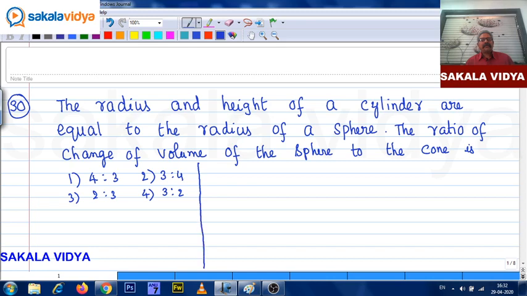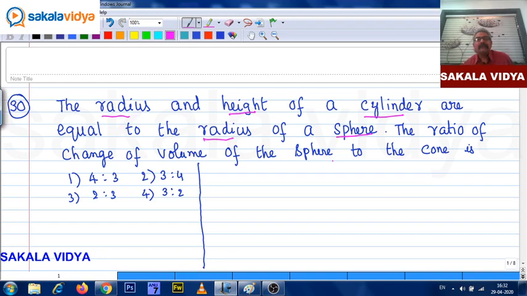Now this question is related to the cylinder as well as the sphere. The radius and height of a cylinder are equal to the radius of the sphere. For example, let small r be the radius of the sphere, and the radius and height of the cylinder are also small r.